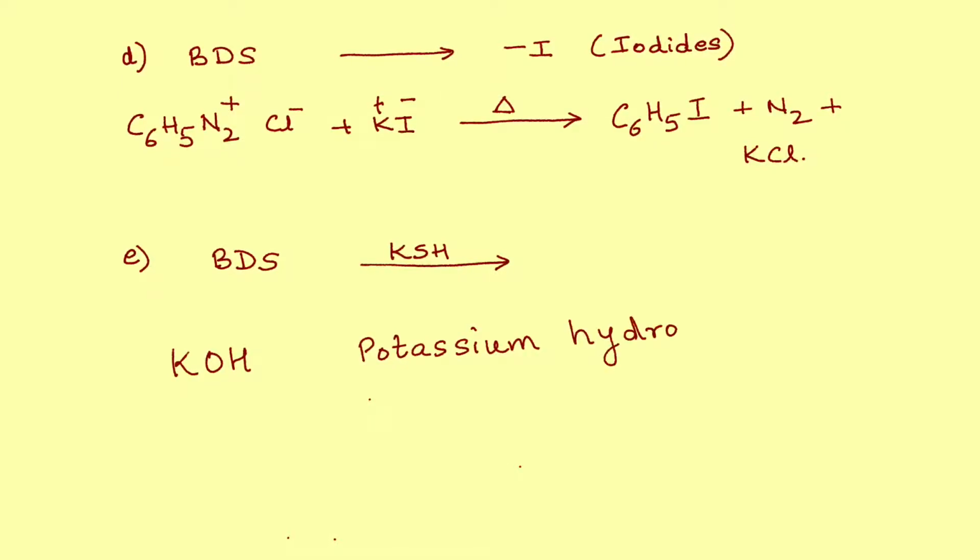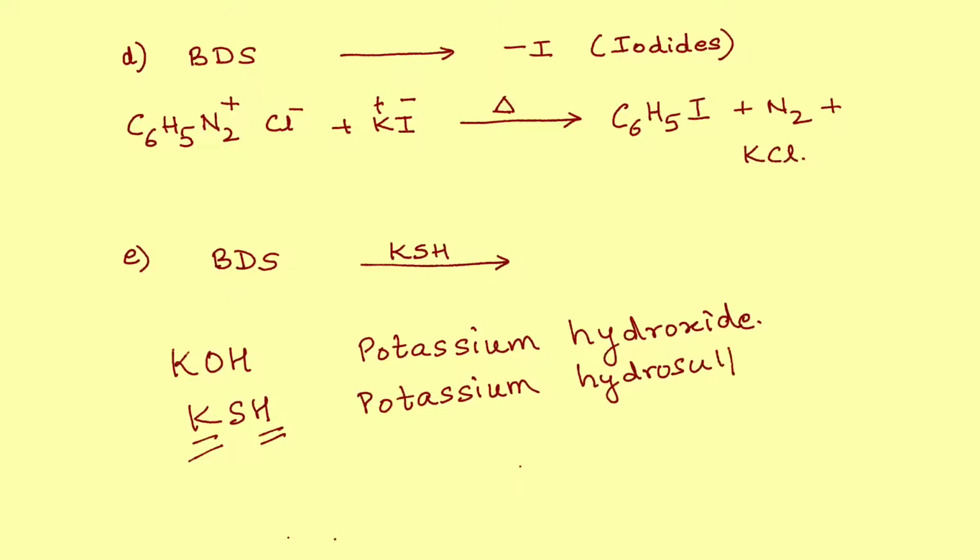Now, the oxide has been replaced by sulfur. Potassium still remains the same, hydrogen still remains the same. So, what will you name it as? Yes, it will be potassium hydrosulfide. Easy.